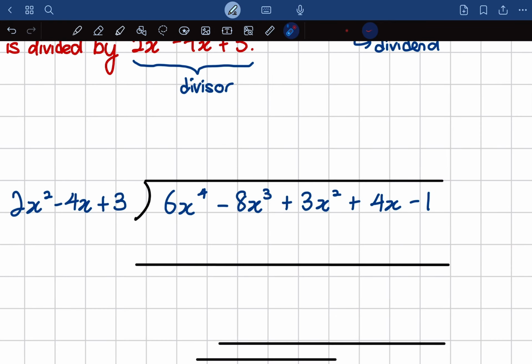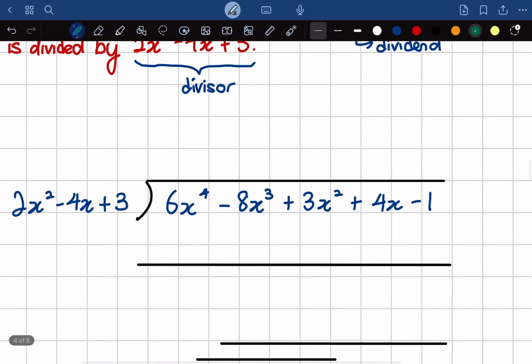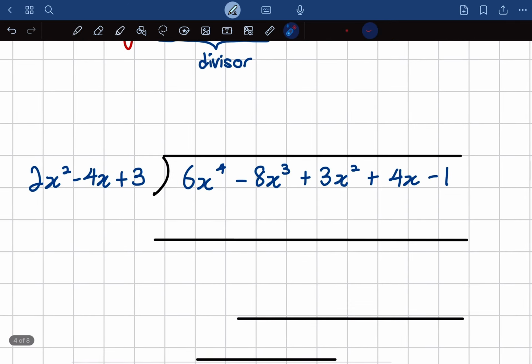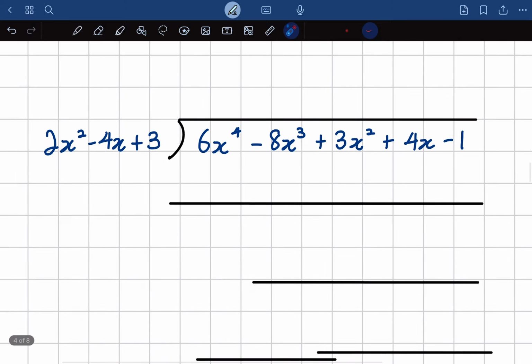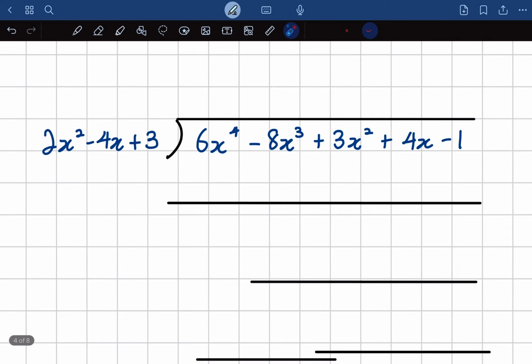Let's look at how we apply the long division algorithm to obtain the quotient and the remainder. Let's look at my first term here. In this dividend, I have 6x^4. My divisor's highest degree term is 2x squared. So my first step is to find the term that needs to be multiplied to this entire divisor such that I can get rid of 6x^4.